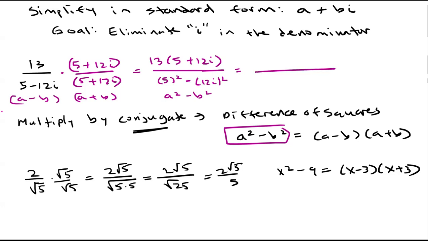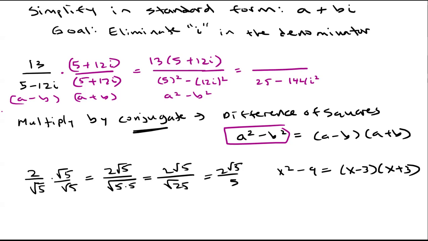Okay, so now we get 25 minus and then 12i squared. That's going to give us 144 i squared, right? 12 squared is 144, and then we have i squared.